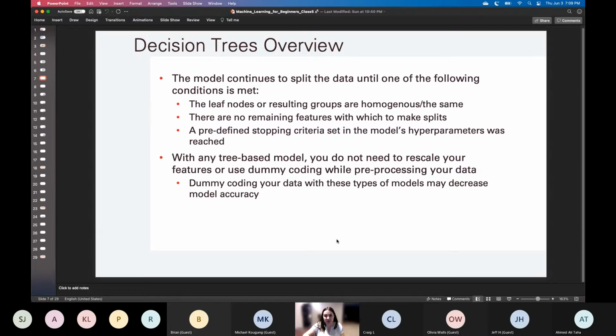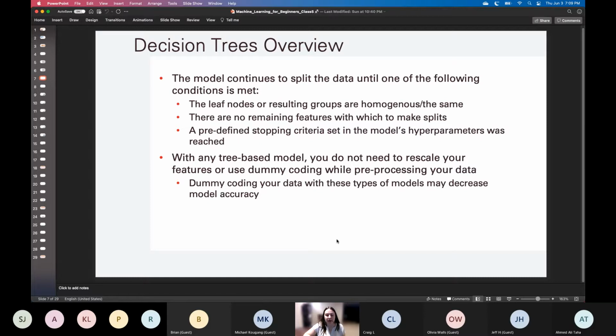Two, there are no remaining features to split on. Or three, when you're hyperparameter tuning your model, you sometimes predefine a stopping criteria, or an early stopping criteria. You might have heard that before. That is the most common reason to stop a decision tree.